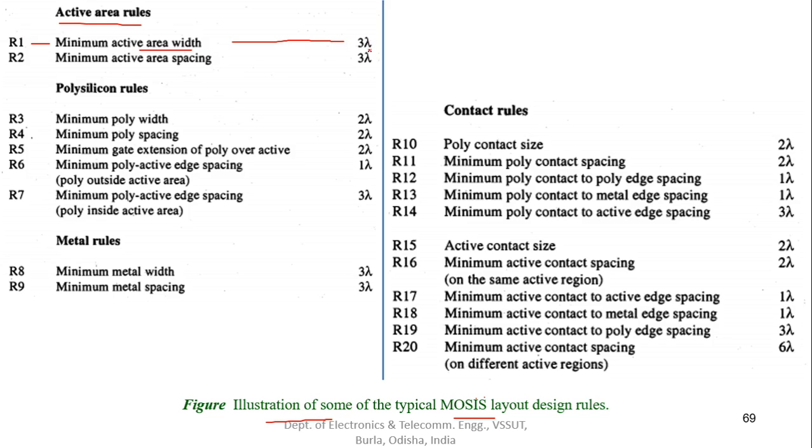Lambda will have some value, and that value is fixed for a particular process. So this becomes 3 times lambda, which ultimately comes out as some number, but that will be a simple multiple of lambda.